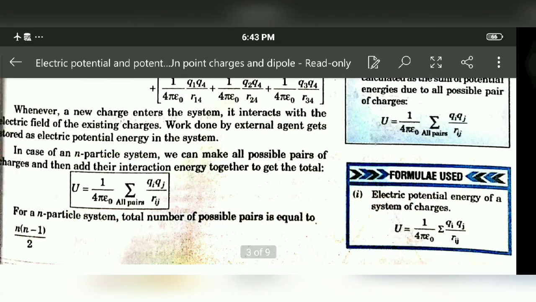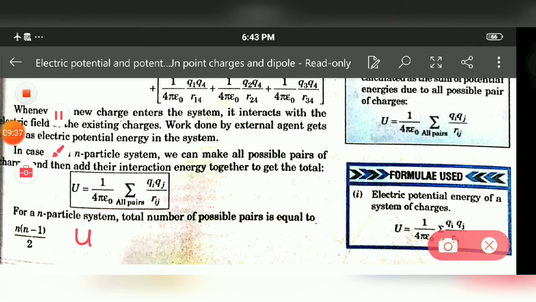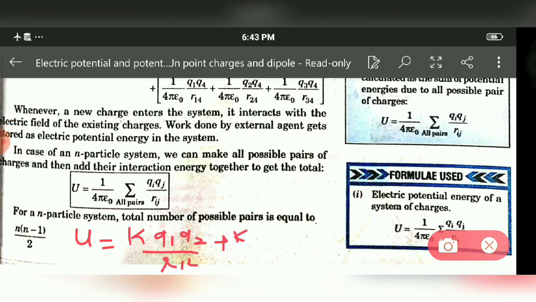For a 3 particle system we had the result U is equal to K Q1 Q2 by R12 plus K Q1 Q3 by R13 plus K Q2 Q3 by R23. So this was the result.